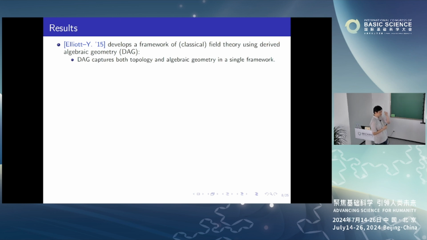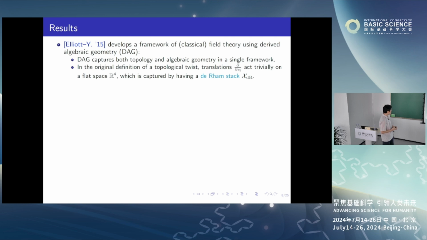So that's a hint that maybe if you want to develop a framework of physics which can cover geometry Lagrange per se, this is sort of the right direction. But then you ask, at the end of the day, Kapustin and Witten did consider topological field theory.